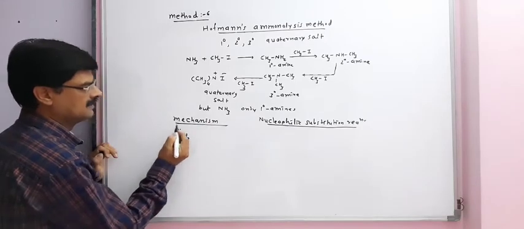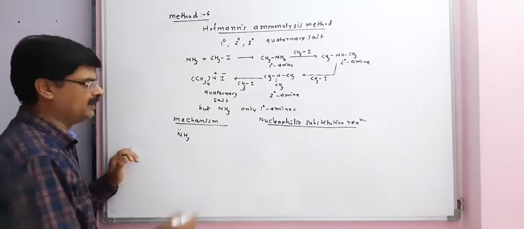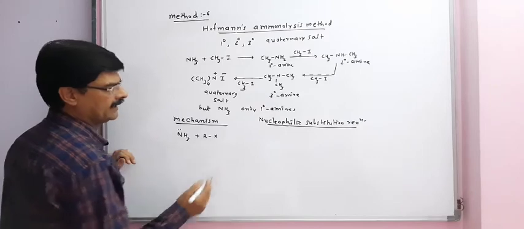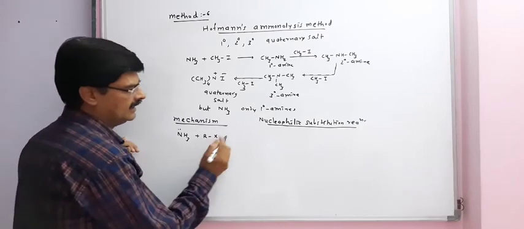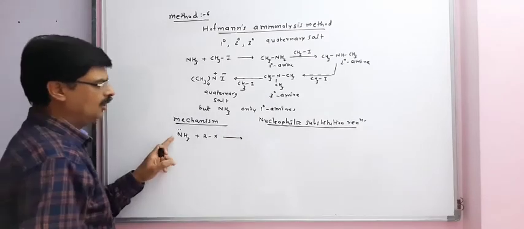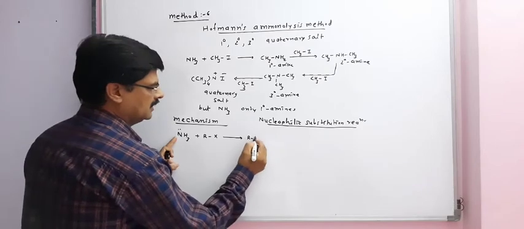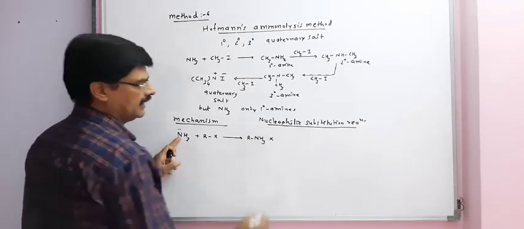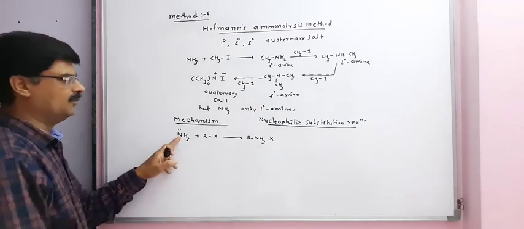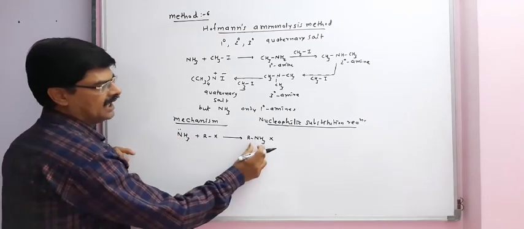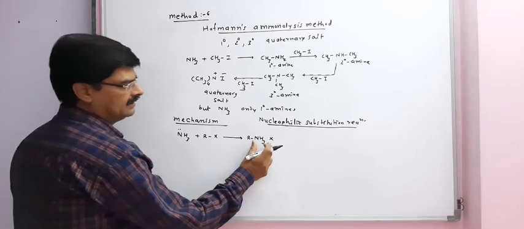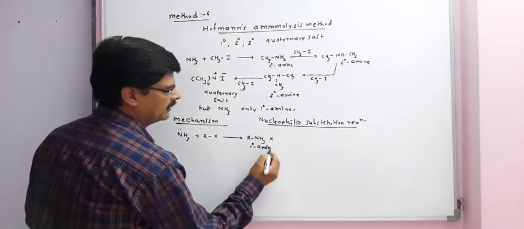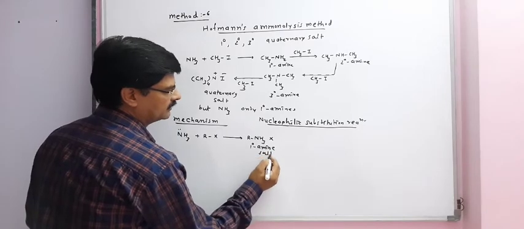Ammonia, which has a lone pair of electrons, reacts with RX, that is alkyl halide. On reaction it gives RNH3X. This is said to be a 1-degree amine salt.